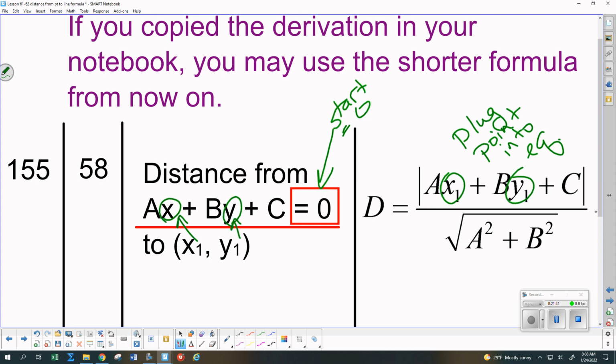See how that's just plugging the point in there. And where students make a mistake, this is not from the point. Those are the coefficients of x and y that you square.